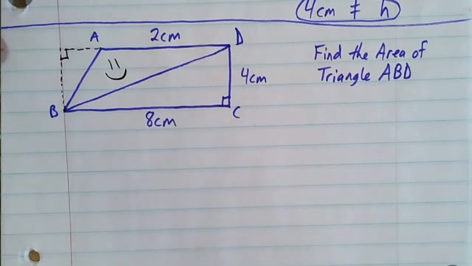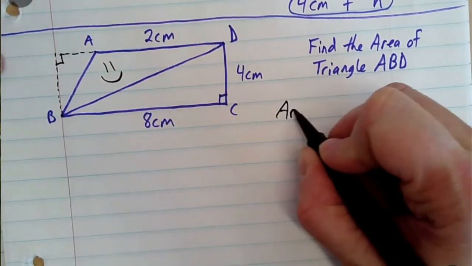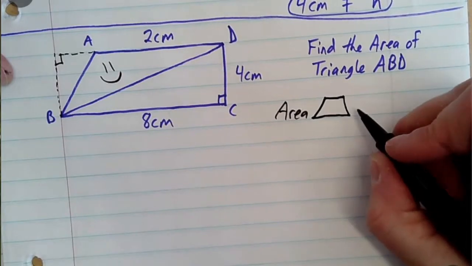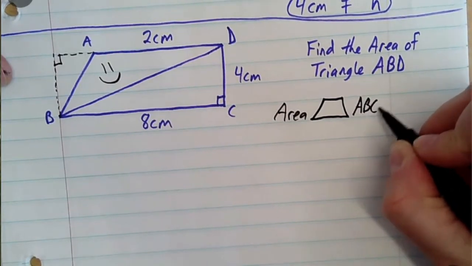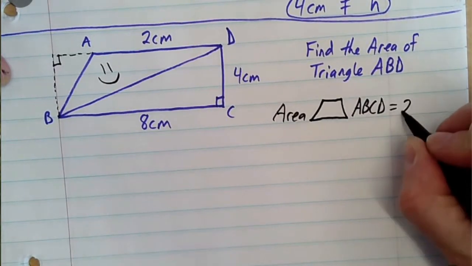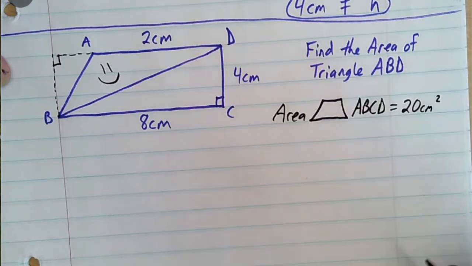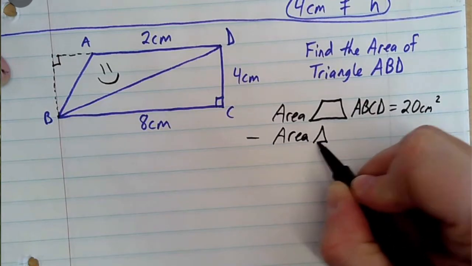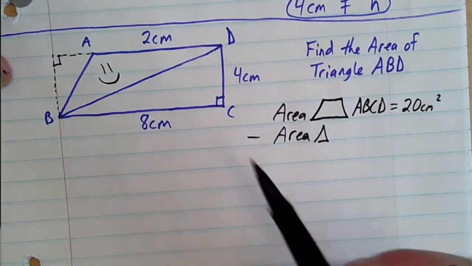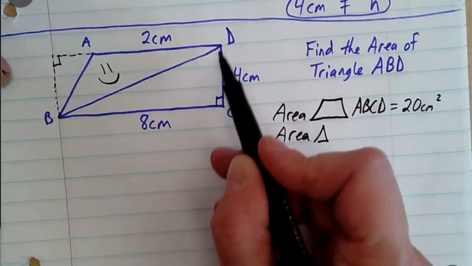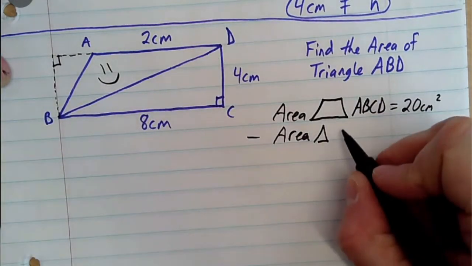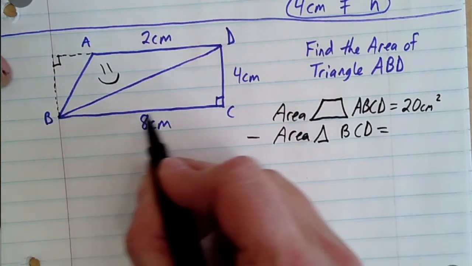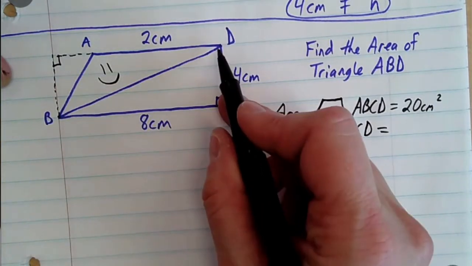So there's a couple things you could do. You could take the area of the trapezoid, which that trapezoid they called it A, B, C, D, and that area was 20 centimeters squared. What if you subtract the area of triangle BCD, this area, triangle BCD?